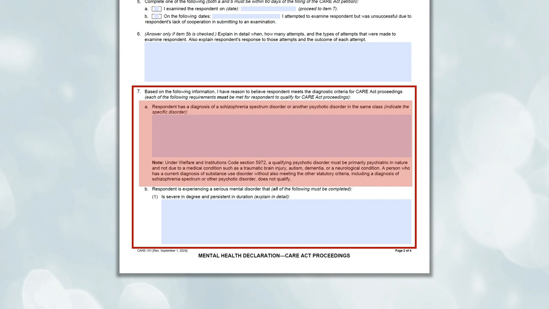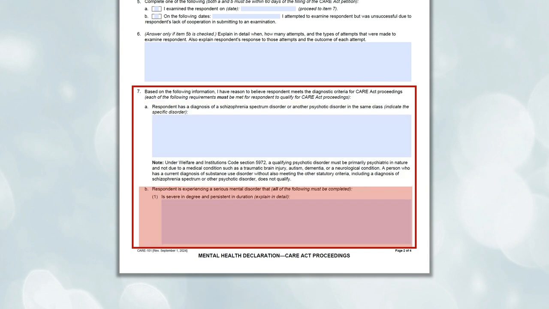A diagnosis alone is not enough, and the next few questions will ask you to include information related to other eligibility criteria. In section 7B, you should include information related to the symptoms being severe in degree and persistent in duration.